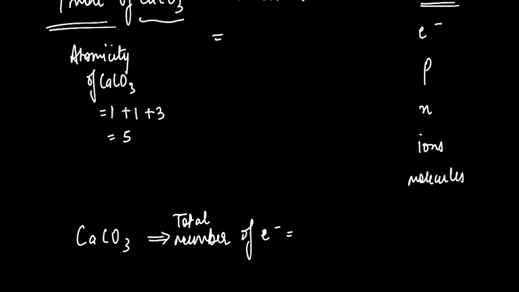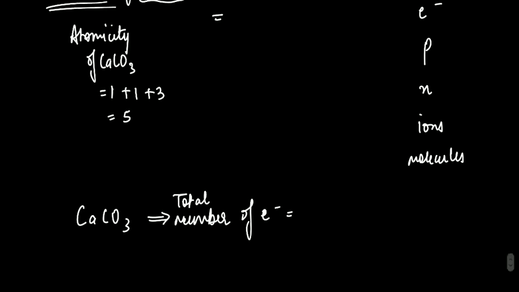Even in the bonded state, electrons are not leaving the atoms and going somewhere else. They're getting transferred, but the whole compound, the whole system, is not losing electrons and changing into an ion. It's a compound. So electrons are getting transferred in between, but they're not leaving the compound. In that case, just add the atomic numbers. That will be much easier.